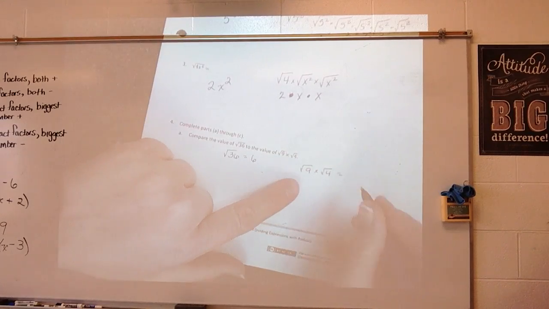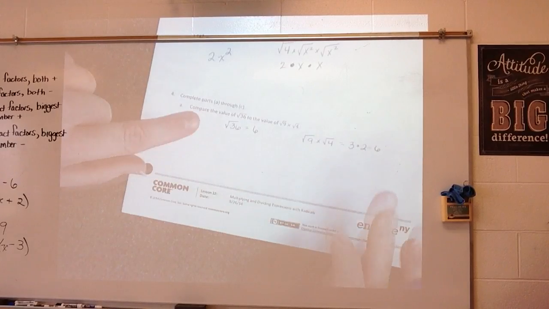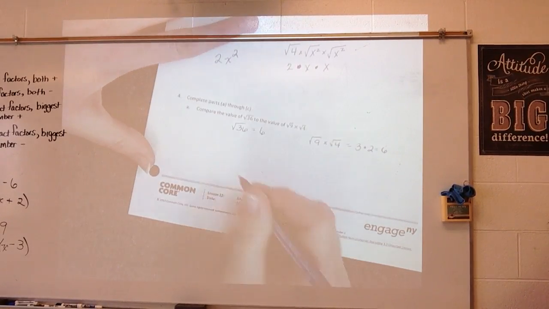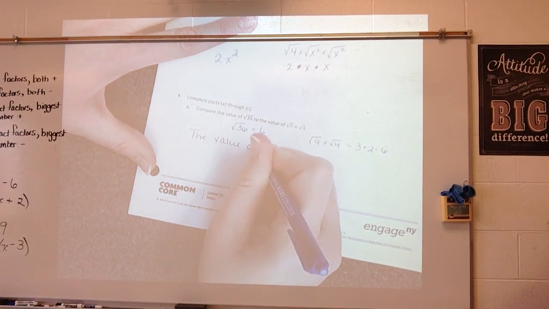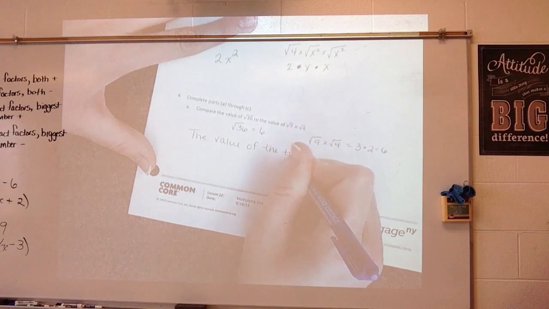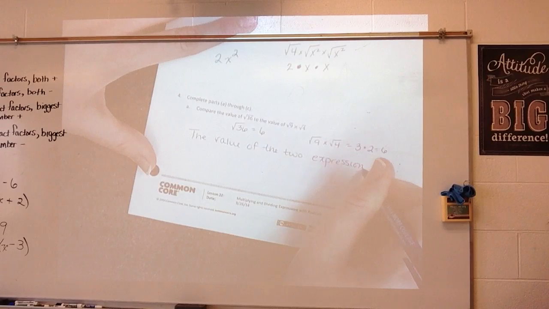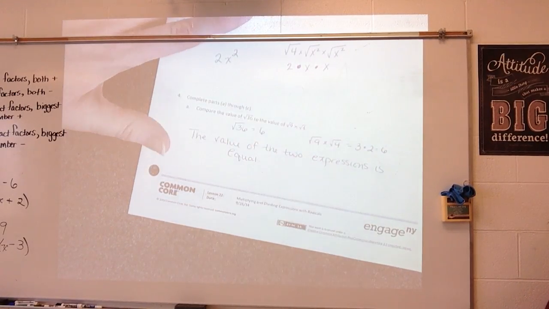The square root of 9 is 3 times the square root of 4 is 2. What does that give me? It gives me 6. So the value of the two expressions is equal. All right, we are looking at equal values there.